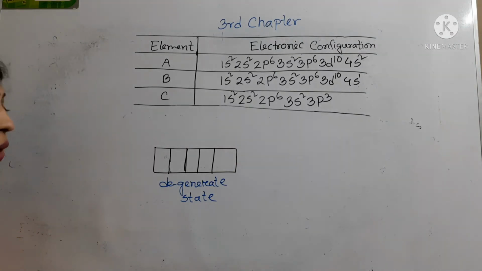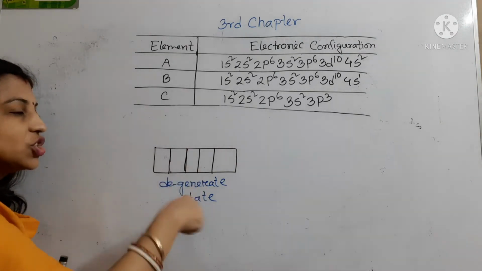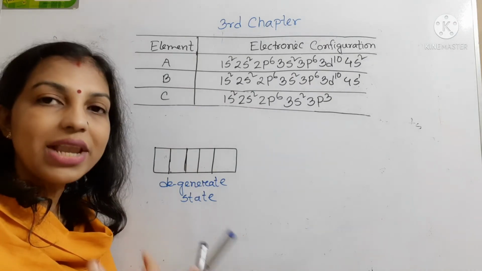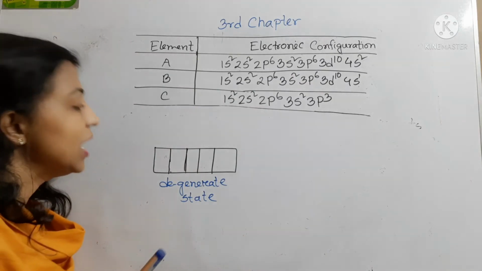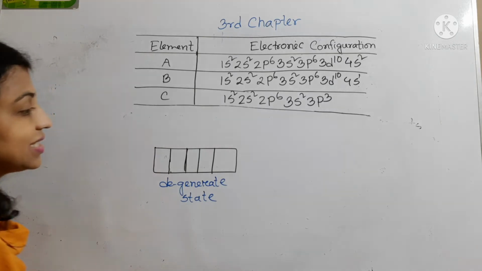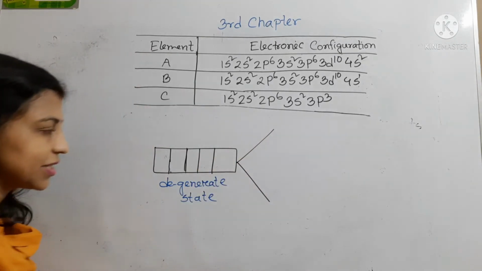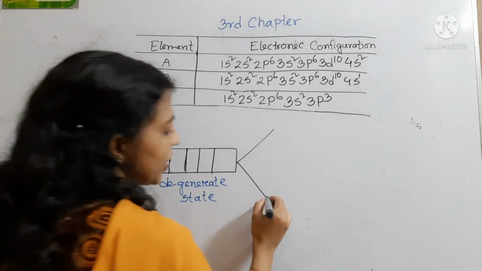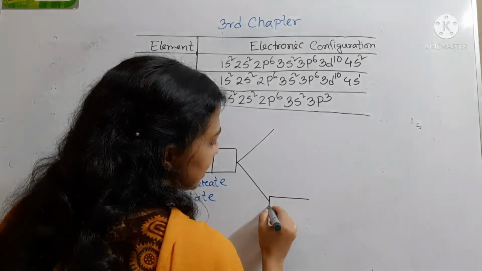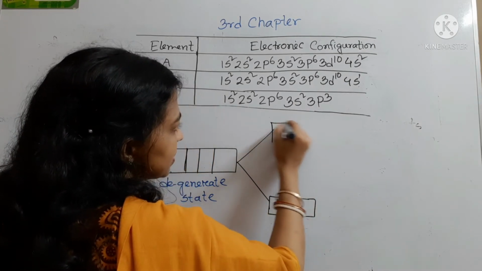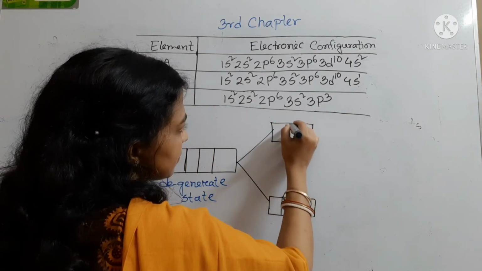But when this transition metal forms a complex compound, that means when they come closer to the ligand to form a complex compound, then this d orbital is split up, and 3 orbitals go down and 2 orbitals go up.